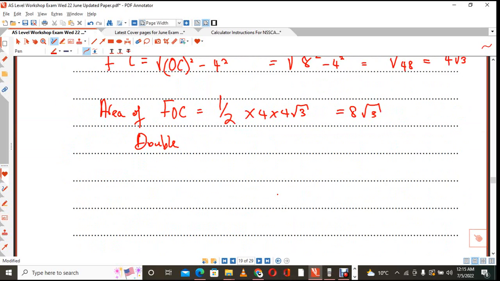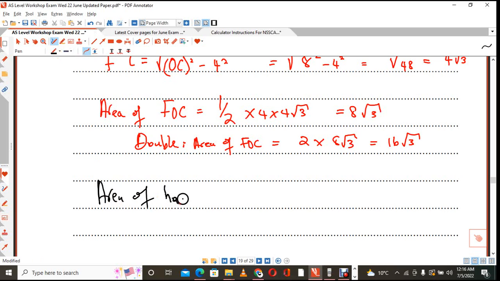So double area of FOC will therefore be 2 times 8 root 3, which gives me that same 16 root 3.